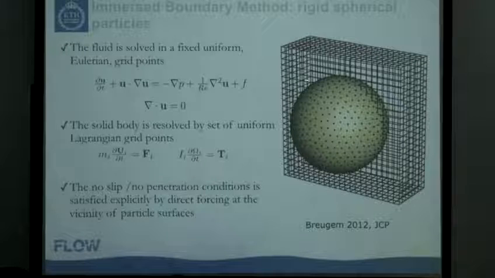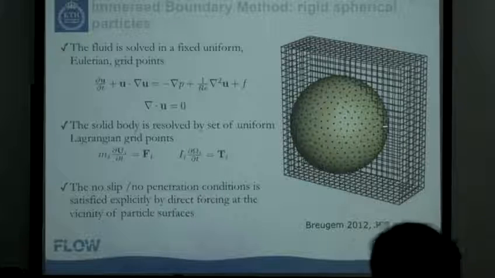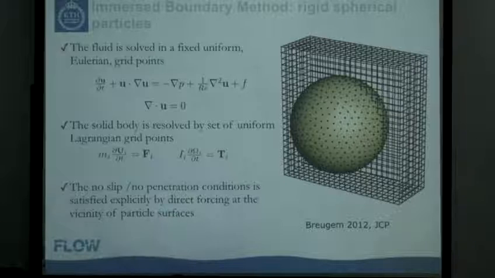We have a Lagrangian mesh, these black dots that define a shape, like in this case a spherical particle, but we also look at different shapes. And then we have the Eulerian mesh for the fluid, and the Navier-Stokes equation has an additional force F, which comes from the difference between the velocity at the Lagrangian point and the velocity given by the Eulerian grid, which forces the no-slip, no-penetration boundary condition.